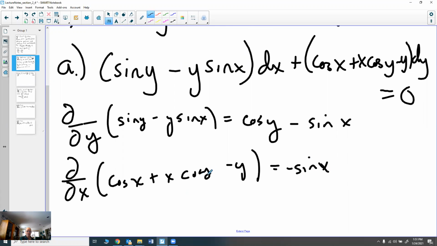The derivative of x times cos y: that cos y is a constant, so x is the only important thing. The derivative of x is 1 times whatever constant is there, so plus cos y. Minus y is a constant, so its derivative is 0. So we end up with minus sin x plus cos y. And notice that cos y minus sin x is the same as what we got for the other partial derivative. So these do in fact equal, so they're exact.